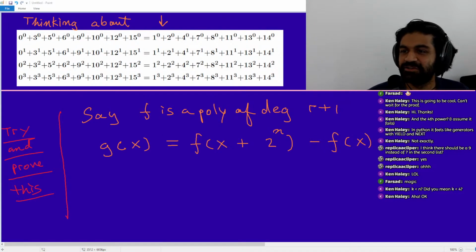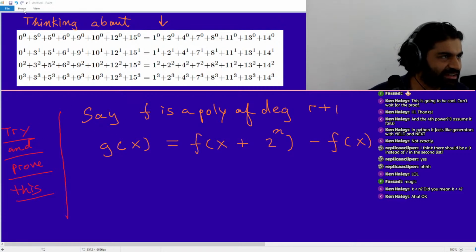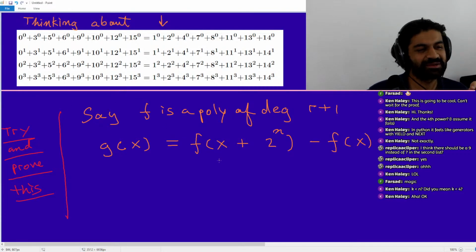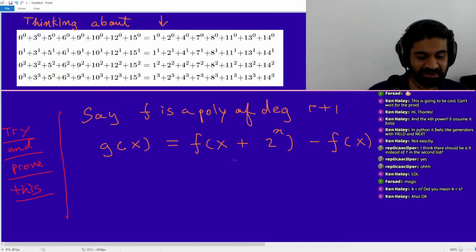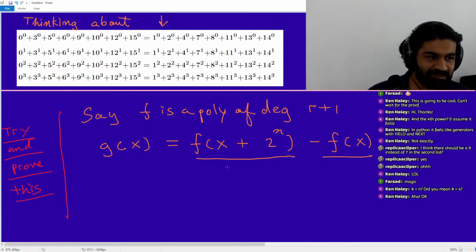Now we have g of x equals f of x plus 2 to the n minus f of x. What can we do with this? I want you to notice something about this polynomial. The leading term of this polynomial is the same as the leading term of this polynomial.